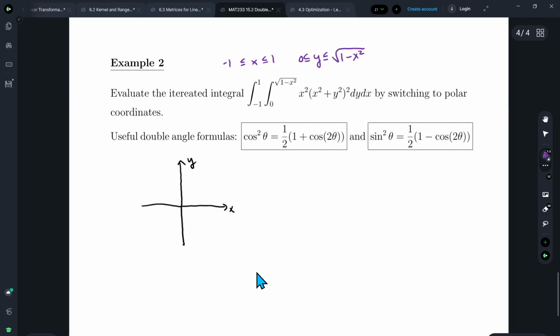So again, x is going between -1 and 1. So say here and here, the bottom boundary for y is equal to 0. So y equals 0 is just the x-axis. And what about y equals square root of 1 minus x squared?